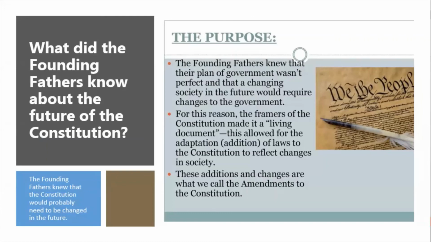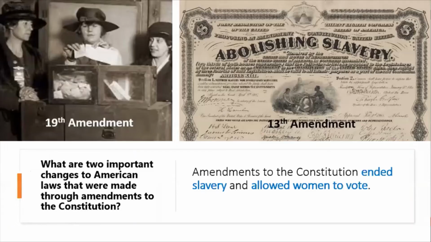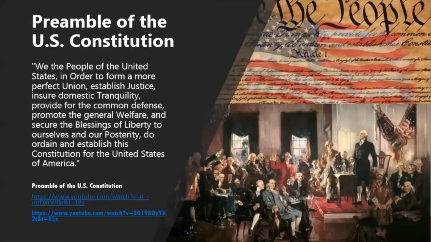These additions and changes are what we call the amendments to the Constitution. What are the two important changes to American laws that were made through amendments to the Constitution? They were the amendments that ended slavery and allowed women to vote.